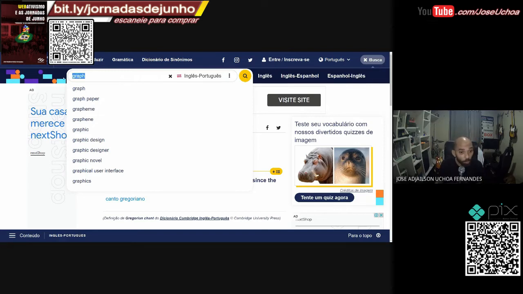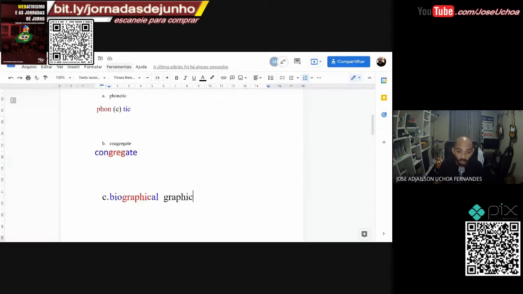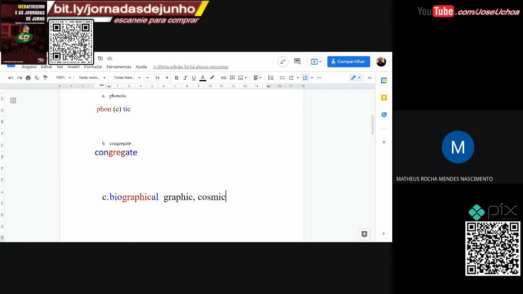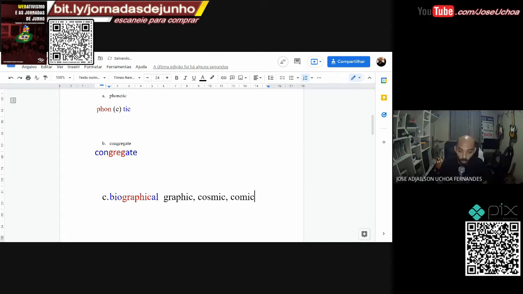Let's think of other words ending in ic. Can you think of other words ending in ic? We have graphic. Okay, how about cosmic? What does cosmic mean? Belonging to space. What does comic mean?